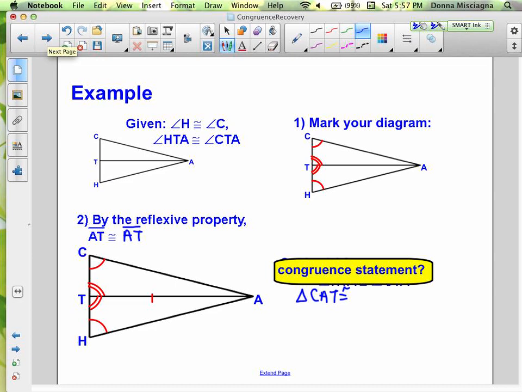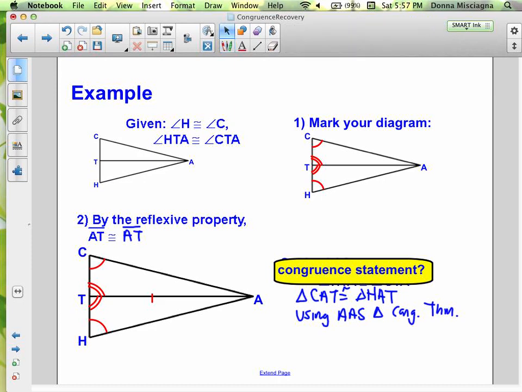So C goes with H, so my triangle would be triangle H, and then A goes with A, and then T goes with T. So I have triangle CAT is congruent to triangle HAT. And that would be using the angle side triangle congruence theorem this time.